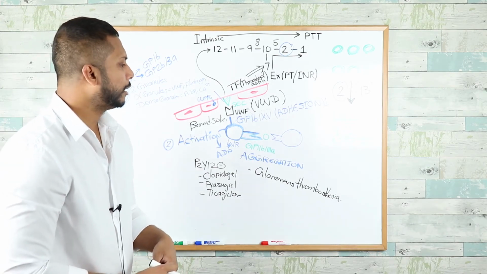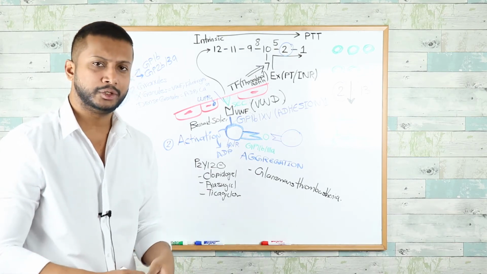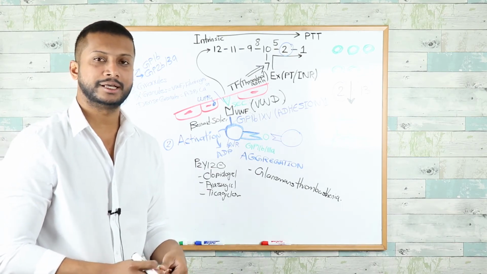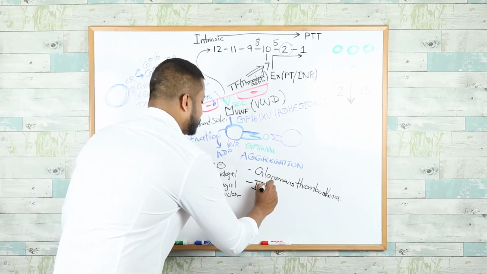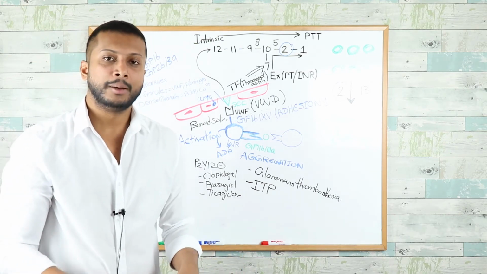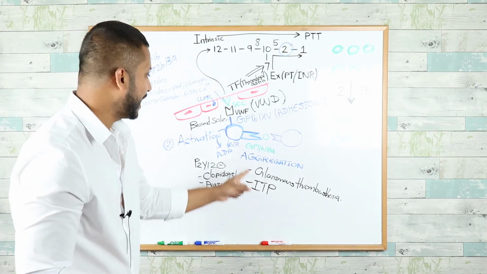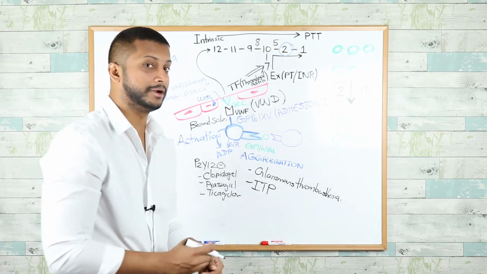Alright, now do we have a condition where there are autoantibodies against the GP2B3A receptor? Wait a second, yes there is. It is ITP. ITP is a condition known as Idiopathic Thrombocytopenic Purpura, but you have autoantibodies against your GP2B3A receptor. So you got to tie this up here as well.